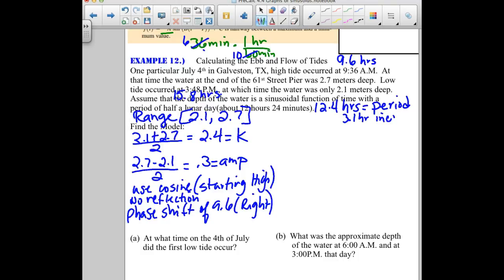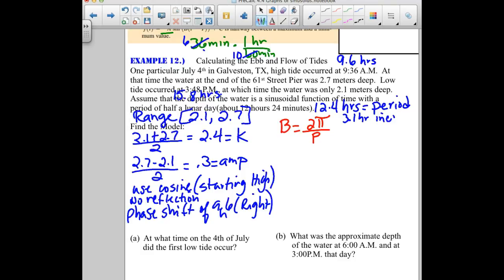What else do we need? We found our H value, right? 9.6 would be our H value. We know our K value. We know our amplitude. We need B. What did they tell us the period was? 12.4 hours. So if we know the period is 12.4, B is 2 pi divided by the period, right?